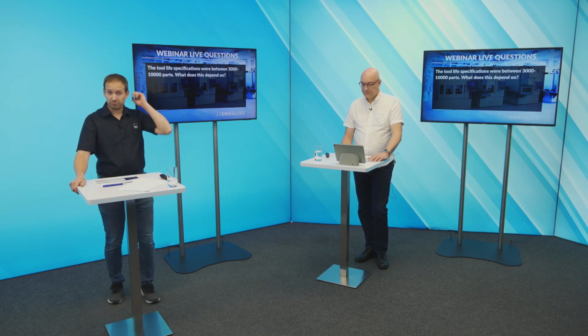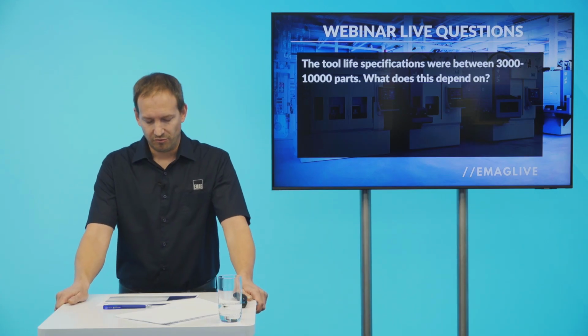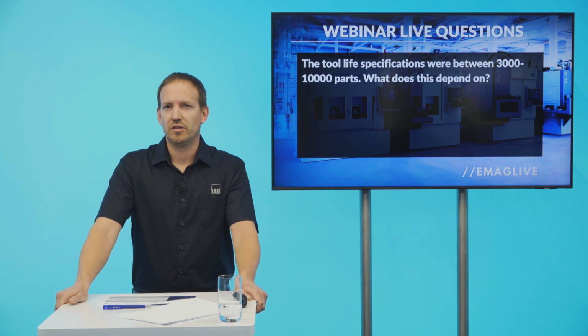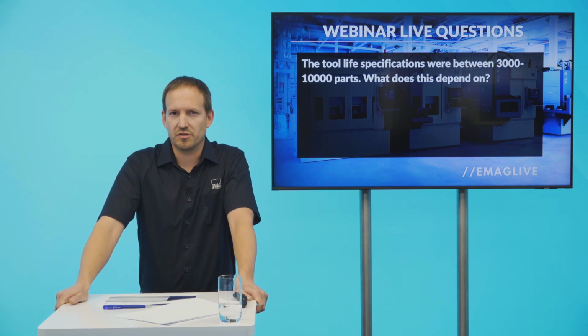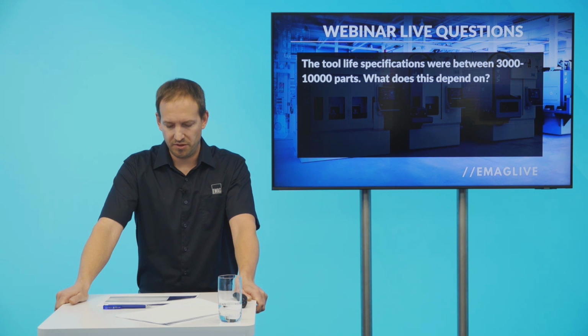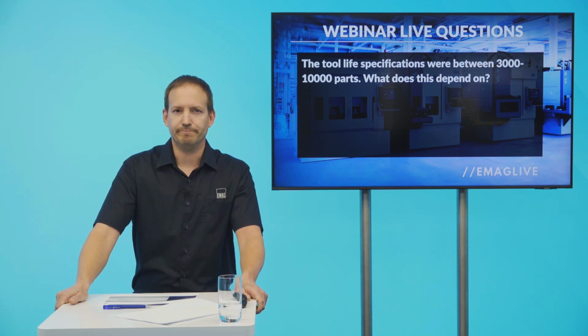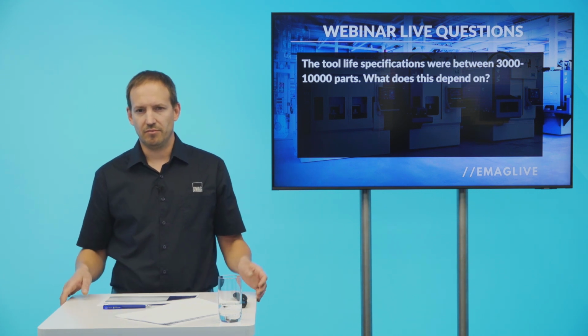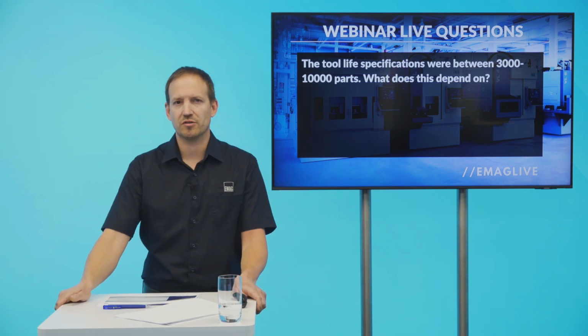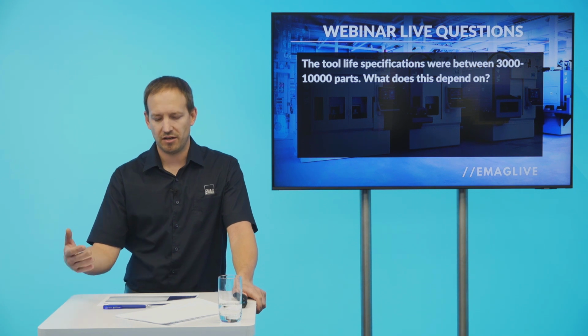Yes, there are a lot of reasons for the different tool life. One thing is, of course, the material of the workpiece. This has a big influence, and another thing is the clamping of the part. The clamping must be stable for a skiving process because of the higher forces.